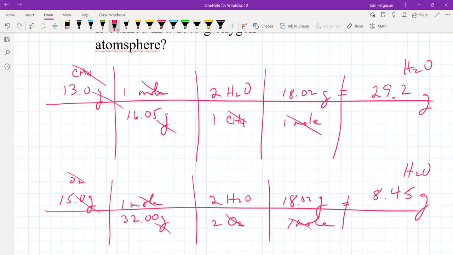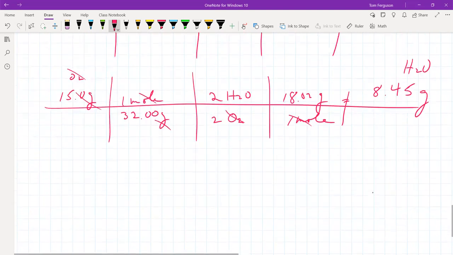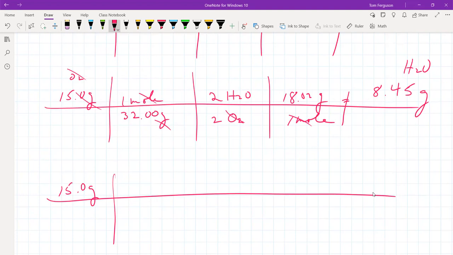Okay, so now we have methane left over because we didn't use it all. We used up all the oxygen. Methane's left over. So how much methane is left over? That's two more calculations. So we're going to start with our 15 grams of oxygen, and now we're going to see how much methane is used.